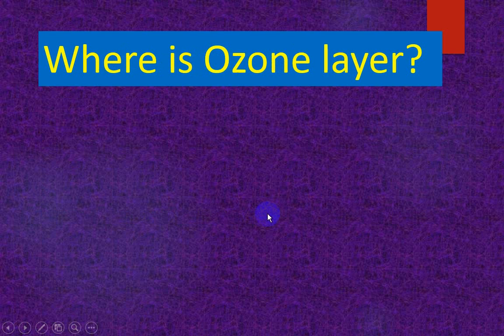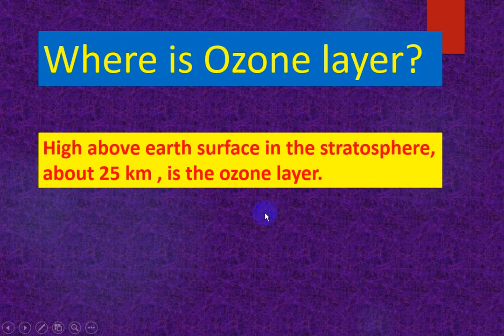What is the ozone layer? Where is the ozone layer? High above the Earth's surface in the stratosphere, about 25 km above. So the ozone layer is in the atmosphere, about 25 km above the Earth's surface.